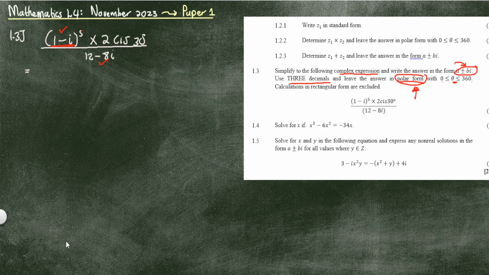After using my calculator, this is what I got. 1.414 cis minus 45 degrees, multiplied by 2 cis 30 degrees, divided by, you punch this on your calculator. The answer was 14.422 cis negative 33.690.